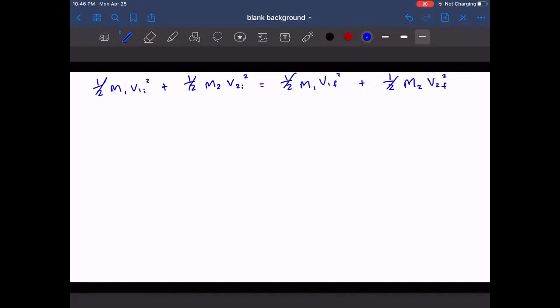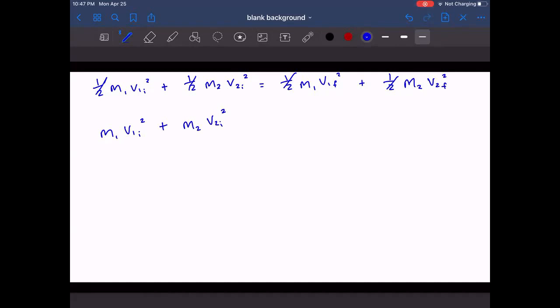Yeah. So what would my left-hand side be then? First you would have M1 V1I squared plus M2 V2I squared equals M1 V1F squared plus M2 V2F squared.